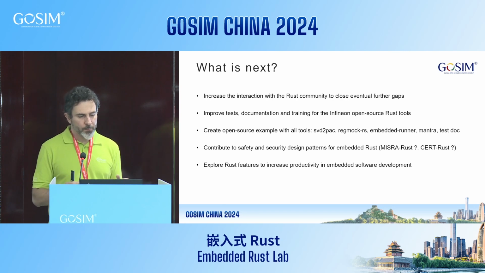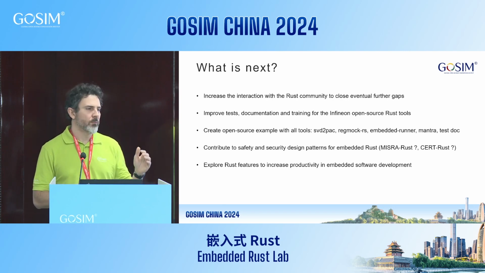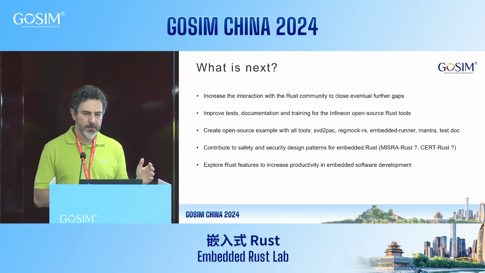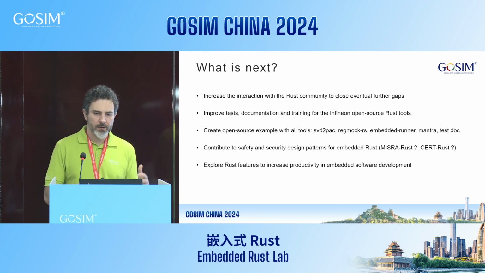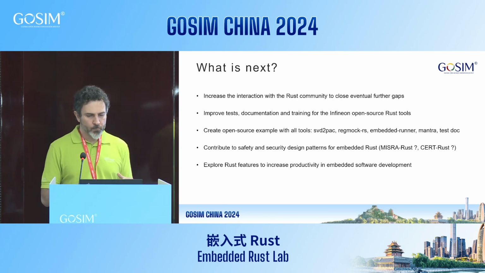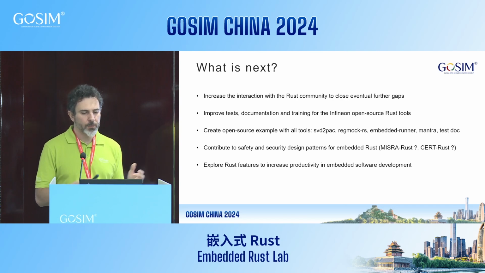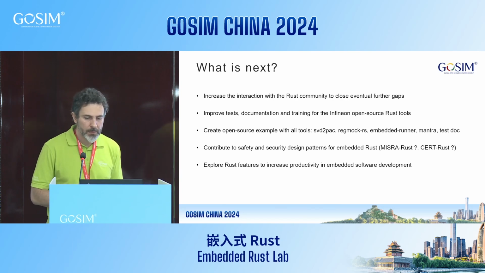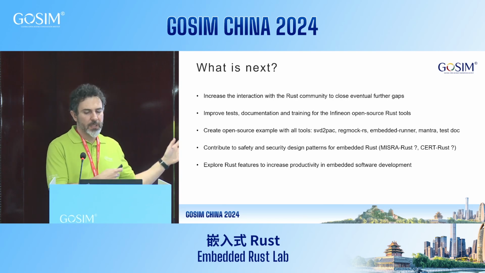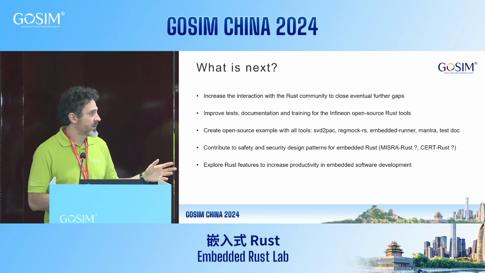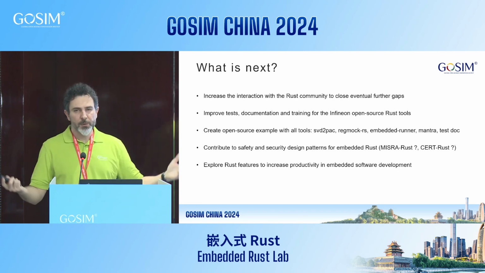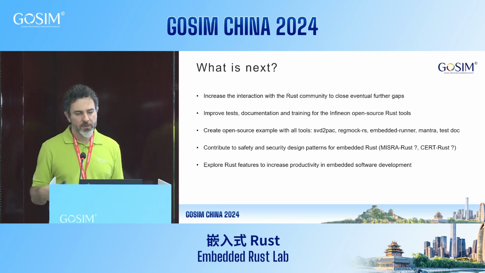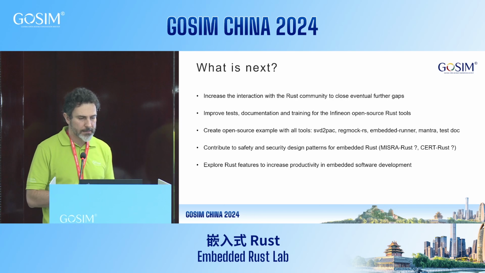So we need some design patterns, and we need some coding guidelines, and that's independent of the Rust features. We will eventually have to have that. So Infineon is already participating in some discussions about it, and it might be the case that in future we will see something like a MISRA-Rust or a SEI CERT-Rust, because although we have the memory safety of Rust, there are some other aspects of software development that need to be addressed by this kind of code guidelines.